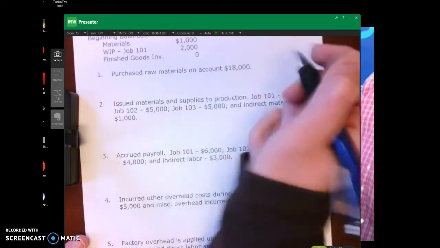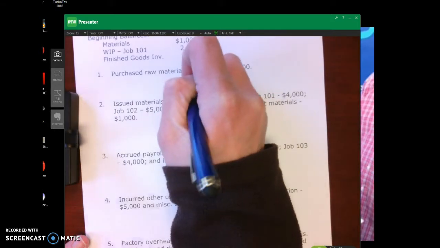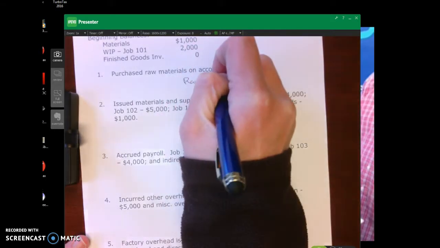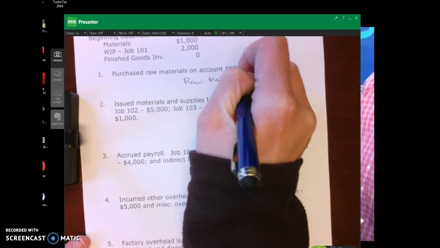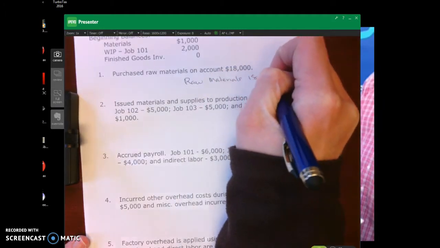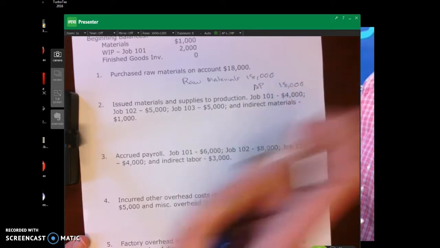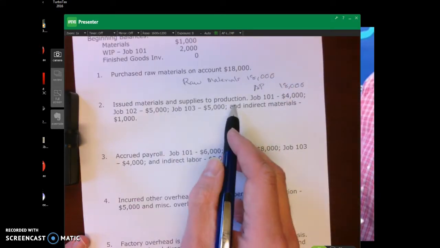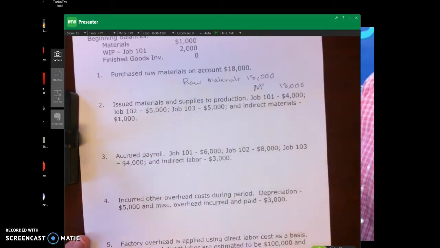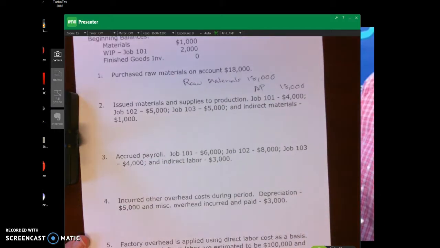So purchase raw materials on account: debit to raw materials for $18,000, and then we credit accounts payable for $18,000. Issued materials and supplies to production, job 101, 102, 103. You don't need to say WIP, comma, job 101, WIP, comma, job 102.